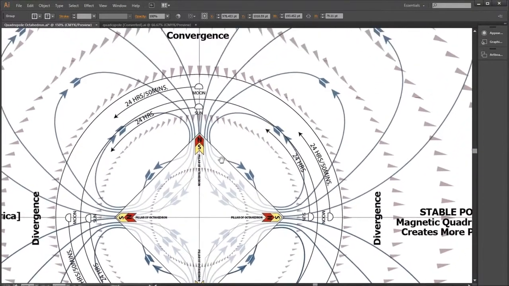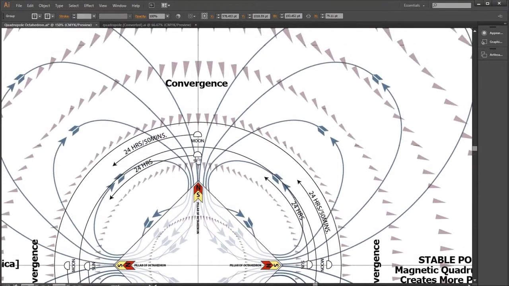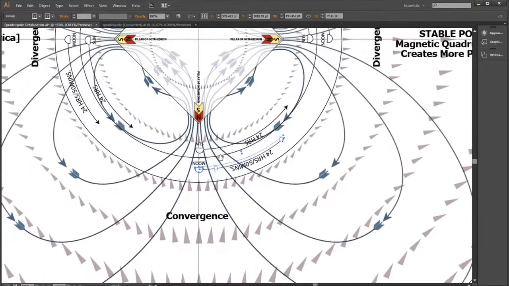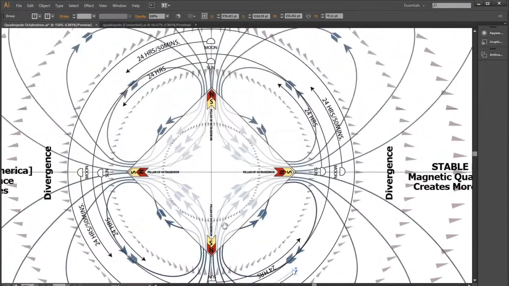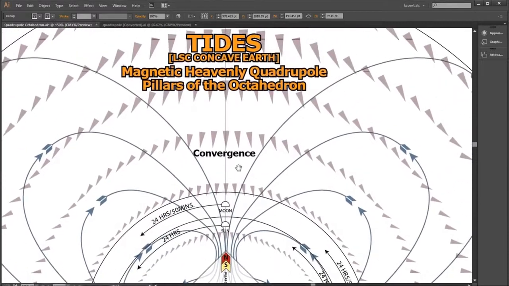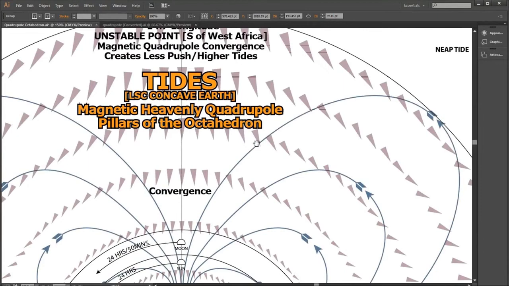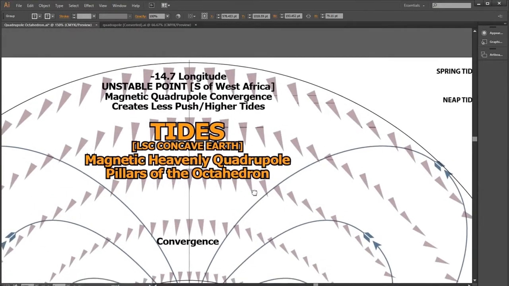Either case like that. If the sun and moon are over the convergence area, it doesn't matter if it's new or full, because they're both going to be covering the convergence area. What it's going to do is make higher tides for the unstable point.